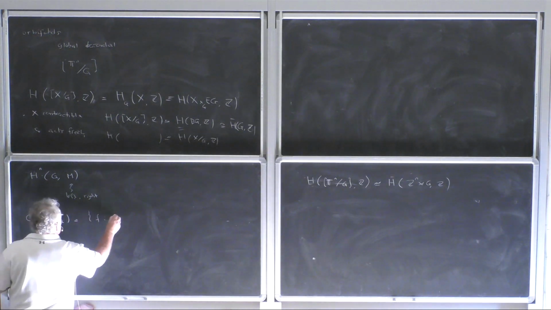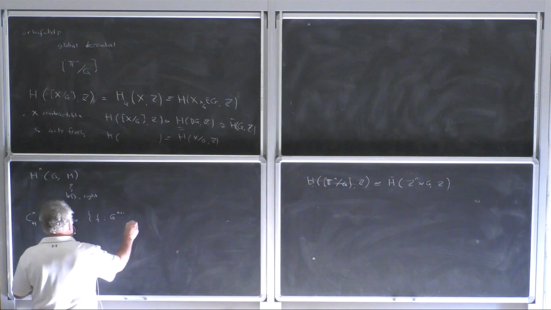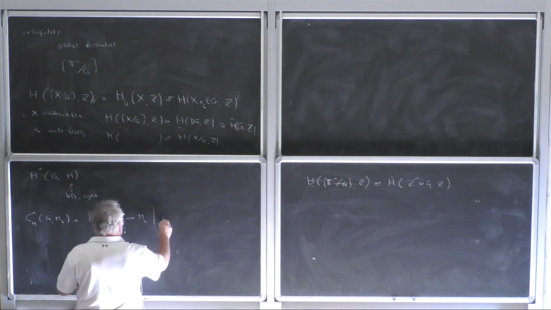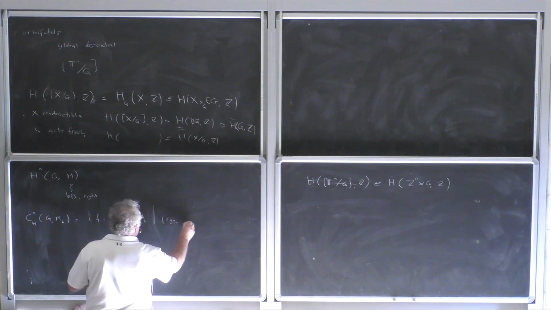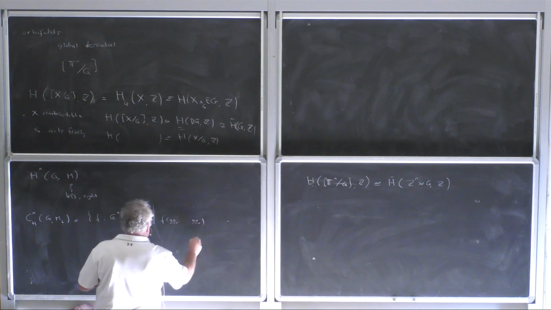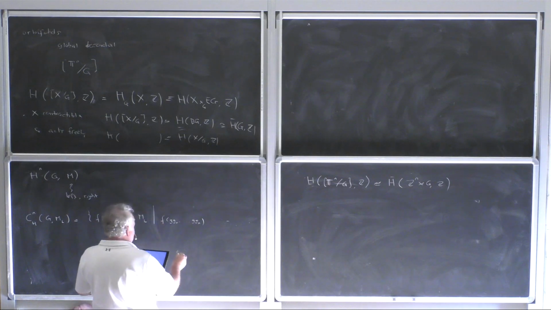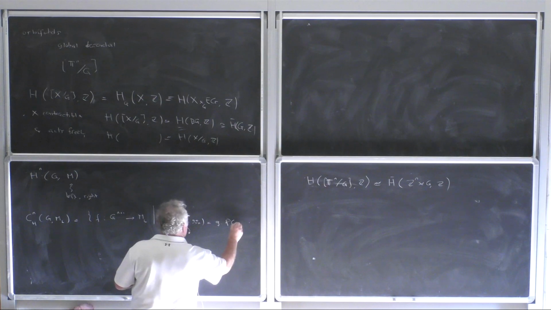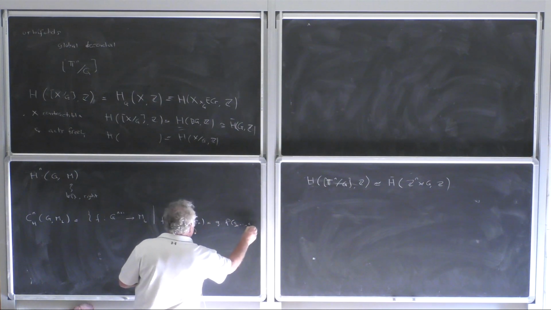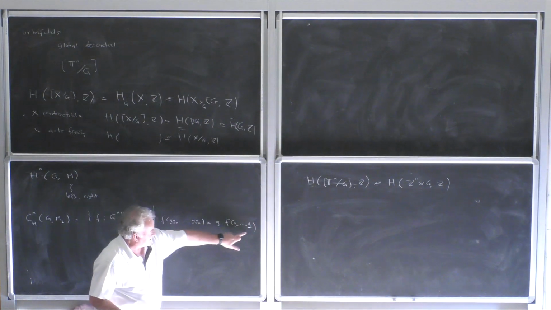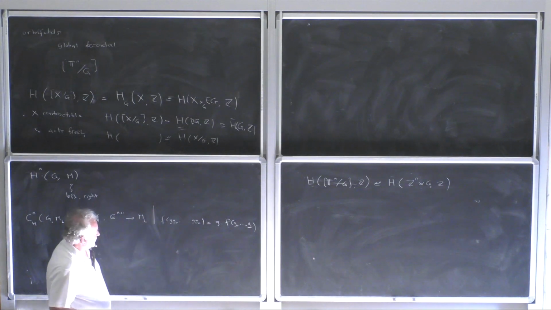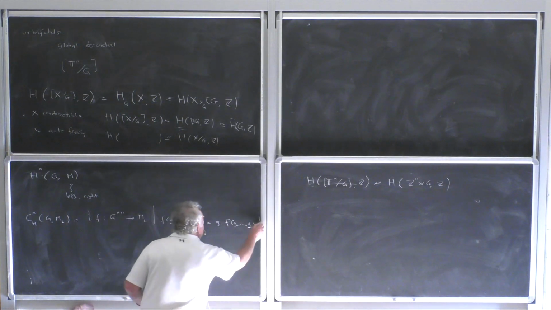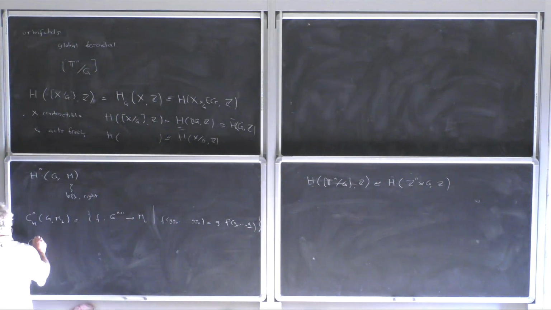These are maps from G^{n+1} to the module, which are homogeneous in the sense that if I take the left multiplication by an element g in the group on G_0 to G_n, this takes values in the module, this is the left action on the module, and this is the homogeneous equation.